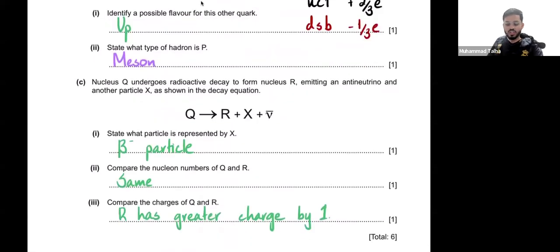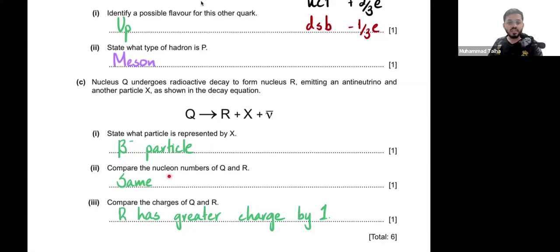Nucleus Q undergoes radioactive decay to form nucleus R, emitting an antineutrino and another particle X, as is shown in this decay equation. State what is represented by X. So this is an antineutrino, so you know this must be beta negative decay. So this is your beta negative particle, or if you want to write an electron, that's also fine.